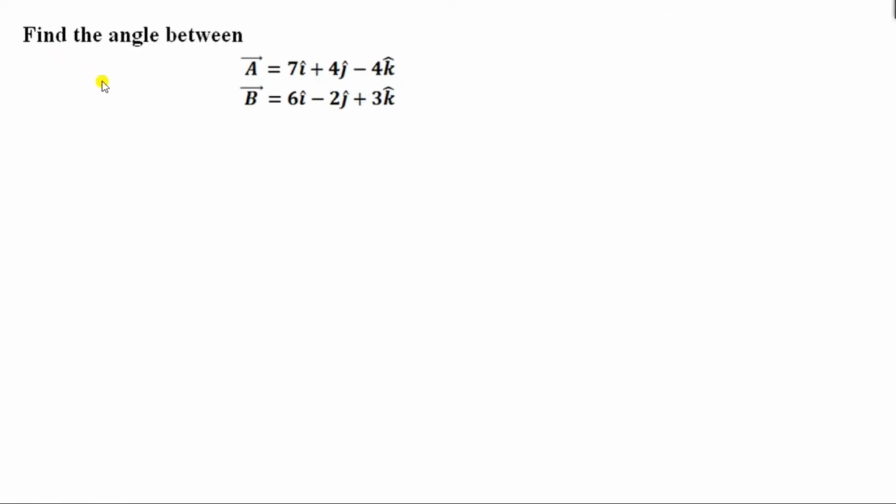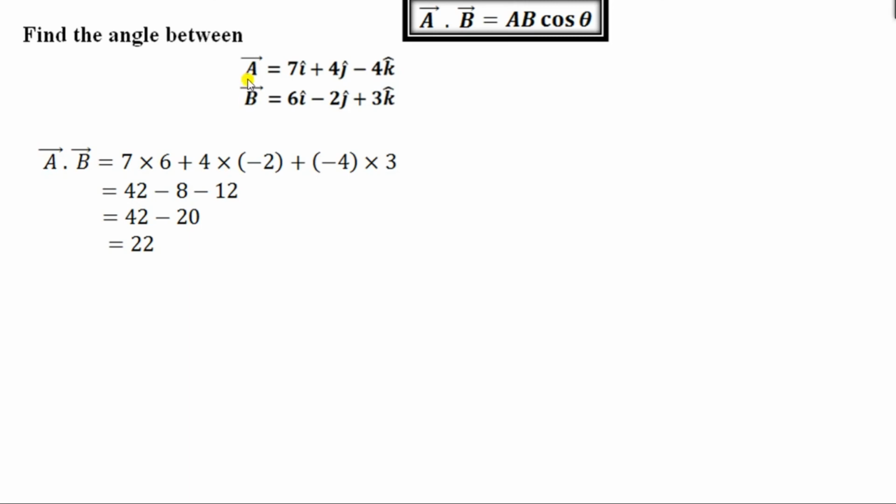So now next question, we have to find the angle between A and B. So using this formula I can find the angle. So I have to find this theta. For that I have to find A dot B and magnitude of A and magnitude of B. So A dot B is 7 into 6 plus 4 into minus 2 plus minus 4 into 3. So you will get 22.